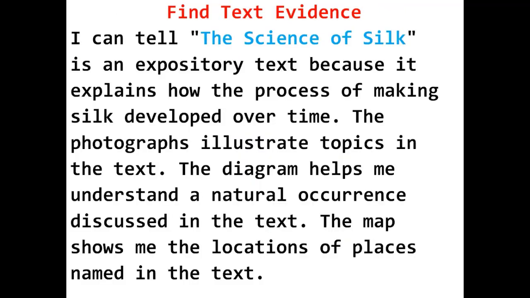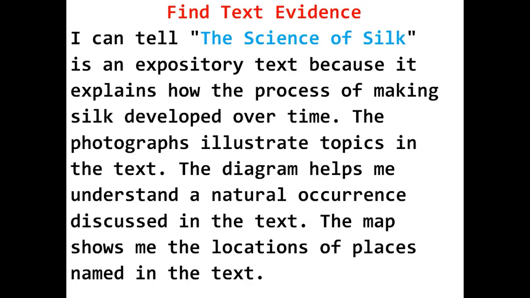Find the text evidence. I can tell The Science of Silk is an expository text because it explains how the process of making silk developed over time. The photographs illustrate topics in the text. Illustrate means to show. The diagram helps me understand a natural occurrence discussed in the text.